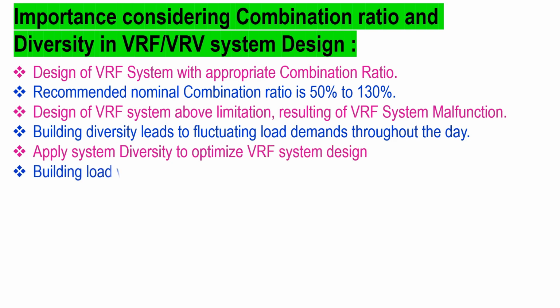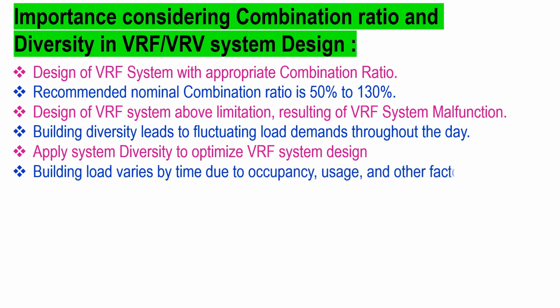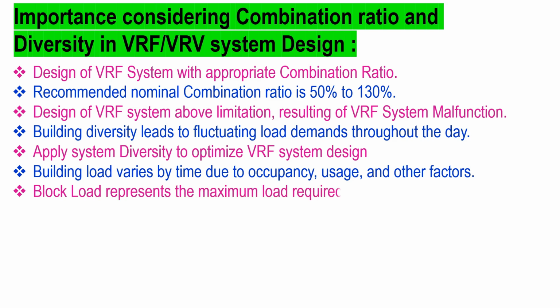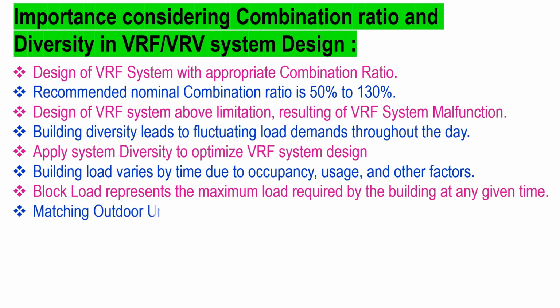Building load varies by time, due to occupancy, usage, and other factors. Block load represents the maximum load required by the building at any given time. Matching outdoor unit capacity with block load ensures optimal system performance.